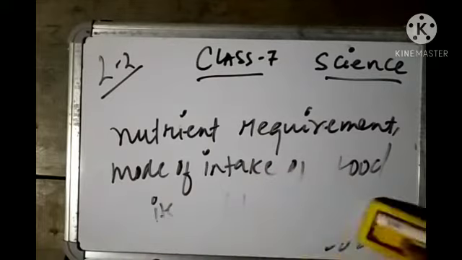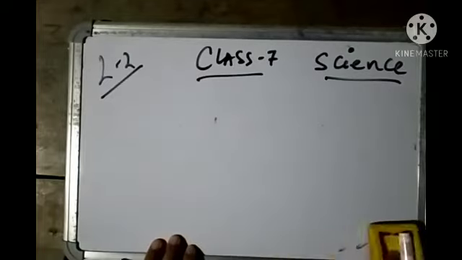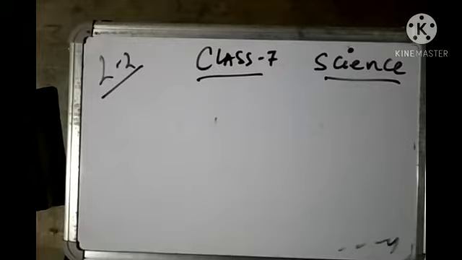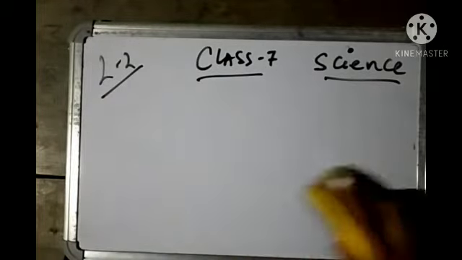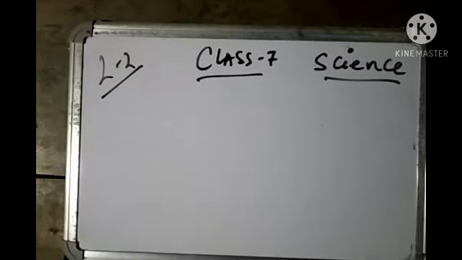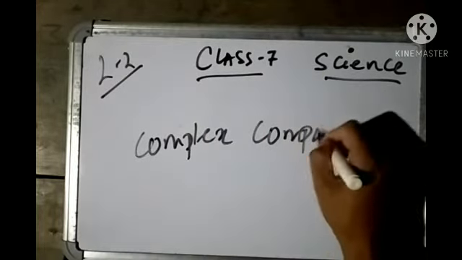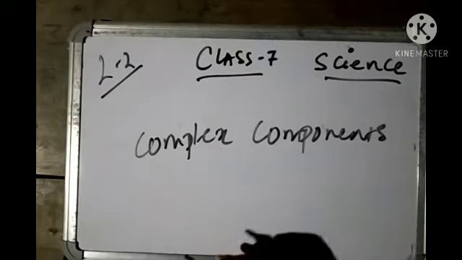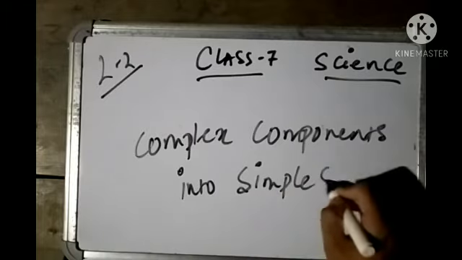The components of food such as carbohydrates are complex substances. These complex substances cannot be utilized as such by the animal body. First they have to be broken down into simpler substances.